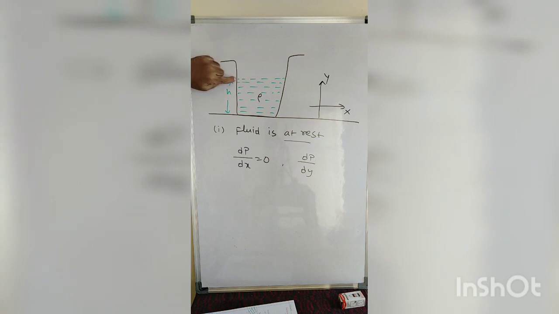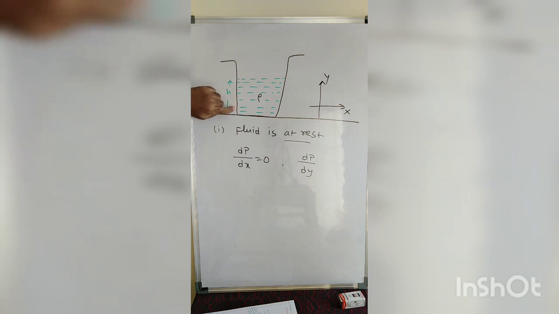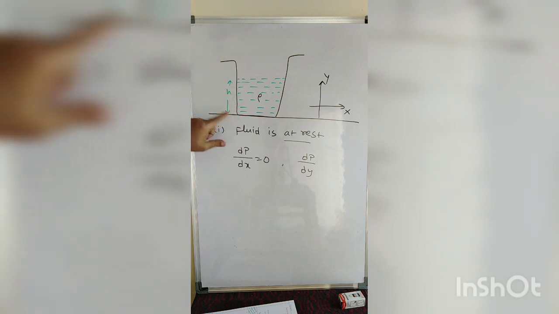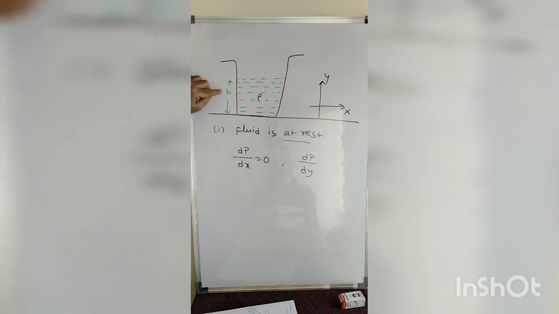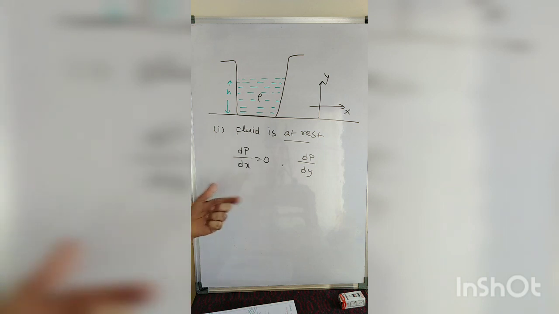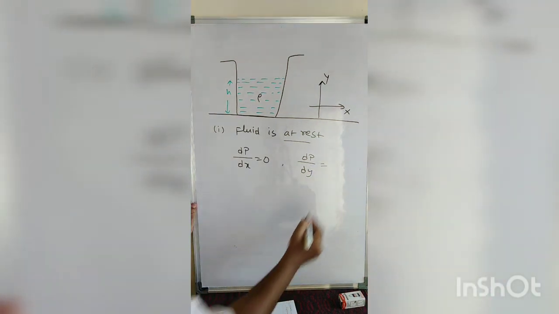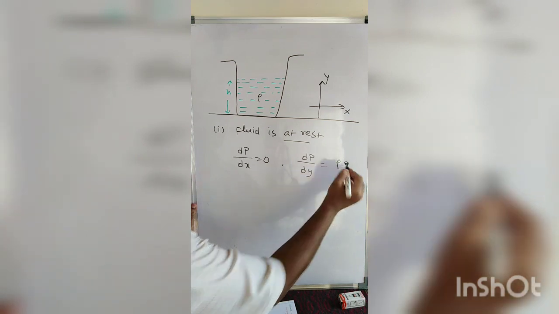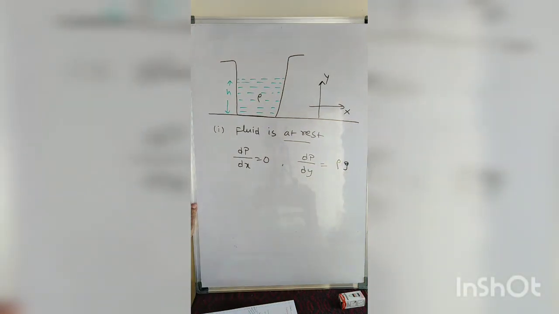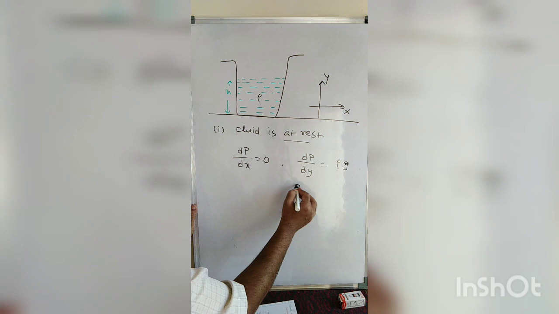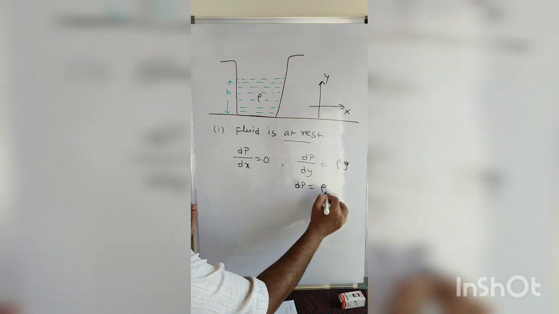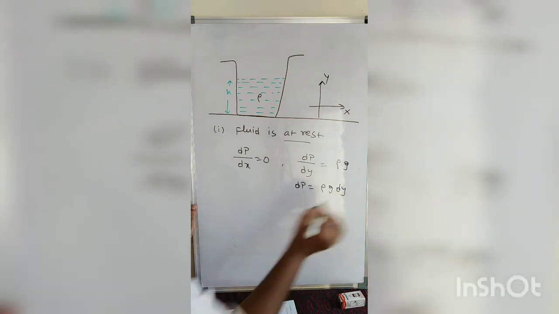Then gradually, as you go down, the height is increasing. As the height is increasing, what happens to the pressure? As the h value is increasing, the pressure is also increasing. Therefore, you cannot say dP by dy is 0. dP by dy is nothing but rho g. Are you following? Or you can say dP equals rho g into dy.